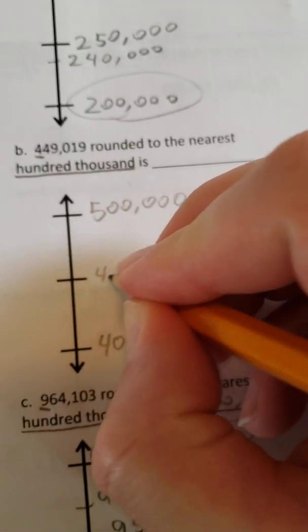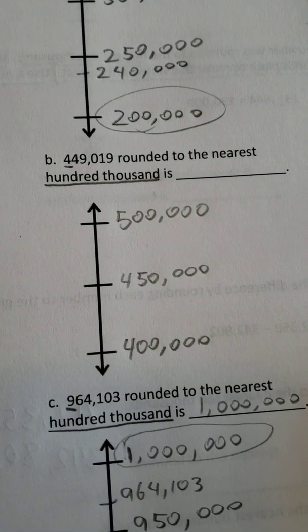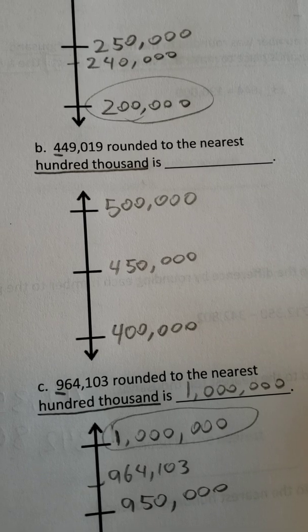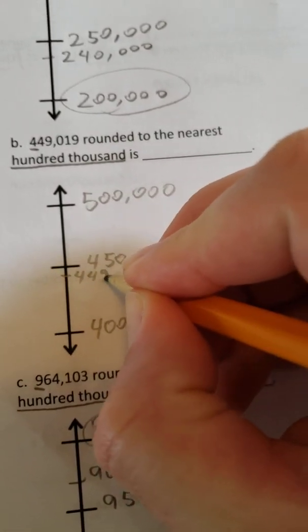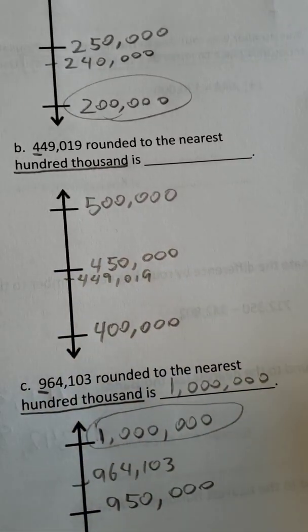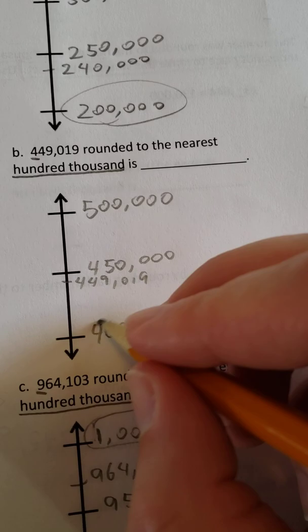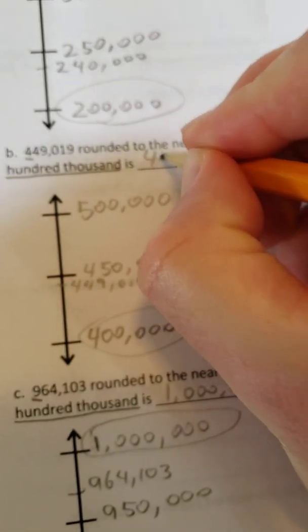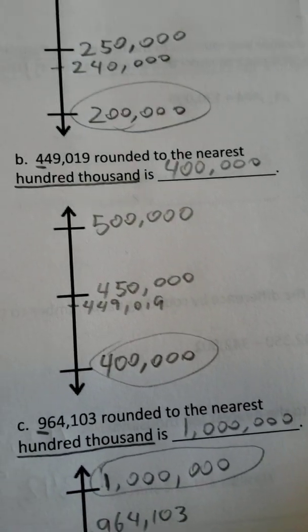Halfway, 450,000. Okay, so 449,019 is going to be just a little bit less than 450,000. And as long as it's less than that, it's going to round down to 400,000.